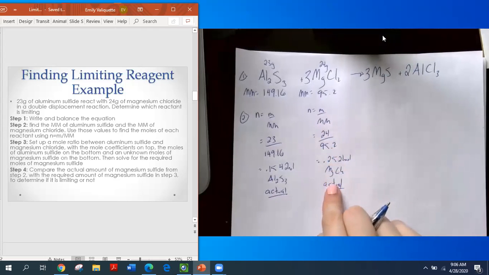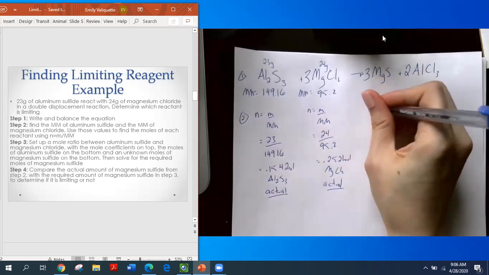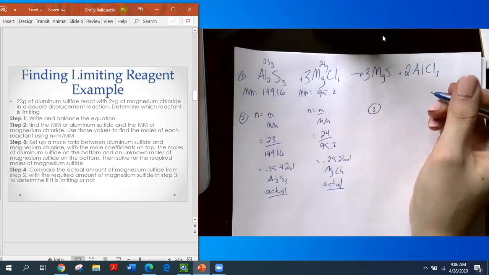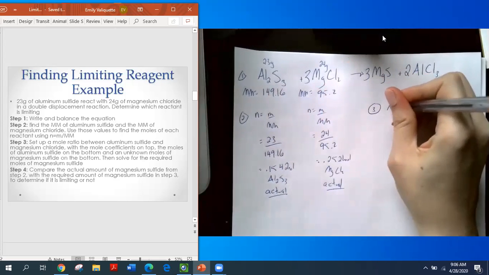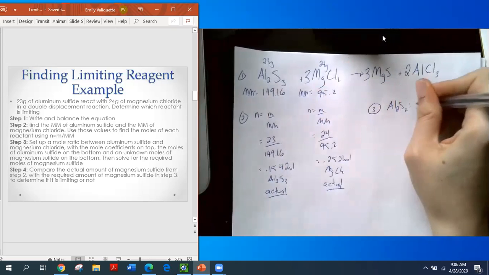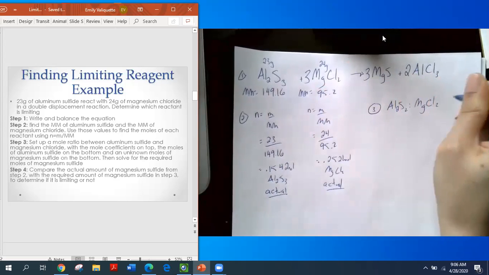Again, it's really important that you're labeling what these moles are because we're about to have a bunch of different mole numbers. The next step is to set up a mole ratio between our two reactants. So aluminum sulfide to magnesium chloride.